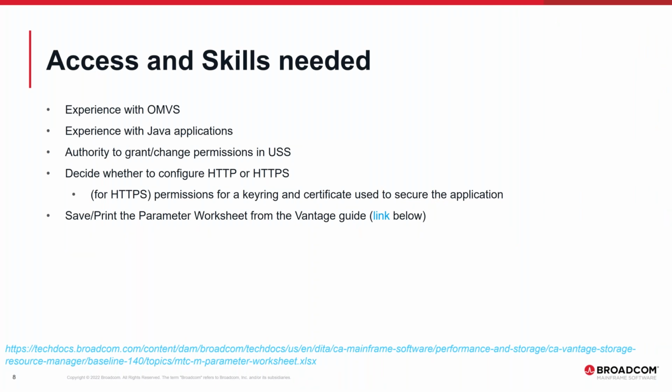If you haven't used OMVS, I do recommend either reading the IBM guide or actually trying to get into OMVS from your system and then just issuing pwd commands to find out your directory, your home information, your environment, how it's set up, creating a directory, deleting a directory, changing permissions. So if you can get familiar with just those commands, that will help you in the long run, just in case you need to use that. Because during the installation of the web client, it is all done in OMVS.